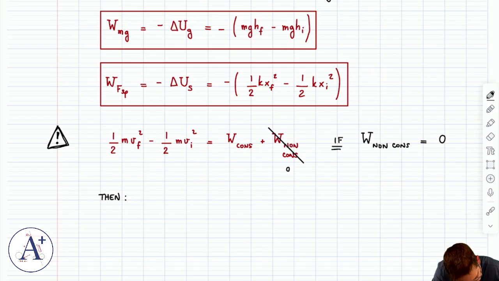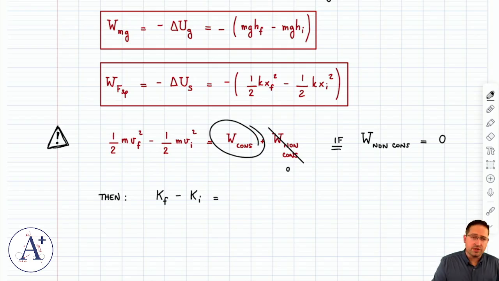What's this term here? Well, it's K final, isn't it? Minus what's this term here? That's K initial. So I'm rewriting it. All right, well, then there's only this term on the right. It's the work done by the conservative forces.